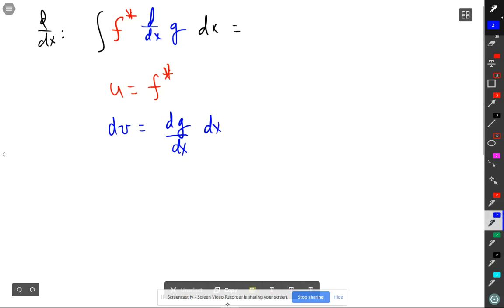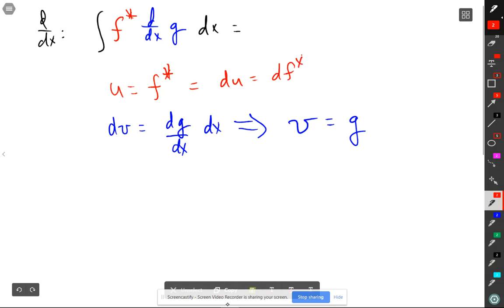And so that means that v is equal to the integral of dg/dx dx, which is just going to be g. And in a similar vein, du is going to be equal to df star, well, we'll just put df star.